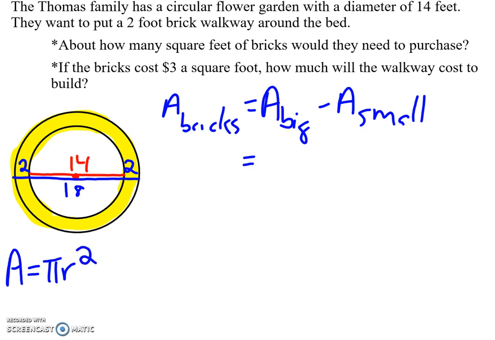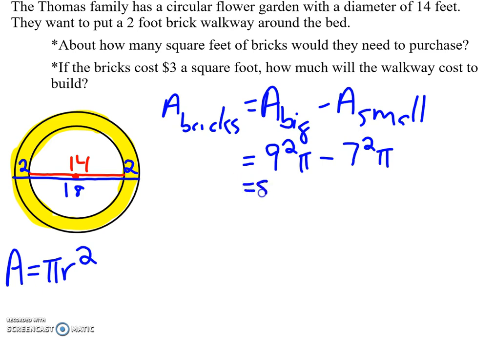So I think about my big circle: my diameter is not 16, it's 18, which means my radius is 9, squared times pi, and my small circle is 7 squared times pi. So you've got to remember again that the extra 2 feet goes on both sides of the diameter.